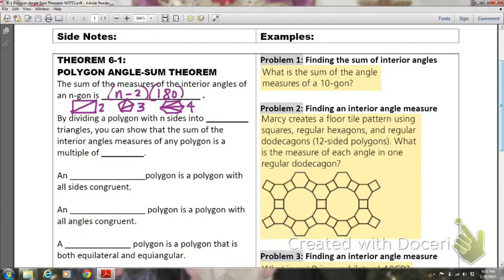So the idea behind this is that by dividing a polygon with n sides into n minus 2 triangles, you can show that the sum of the interior angle measures of any polygon is going to be a multiple of 180, because there's 180 degrees in each triangle. So you're just multiplying it by the number of triangles that can be drawn inside the polygon.